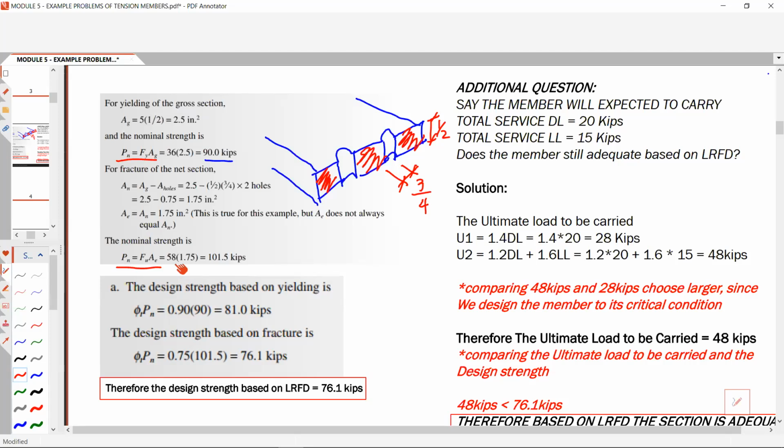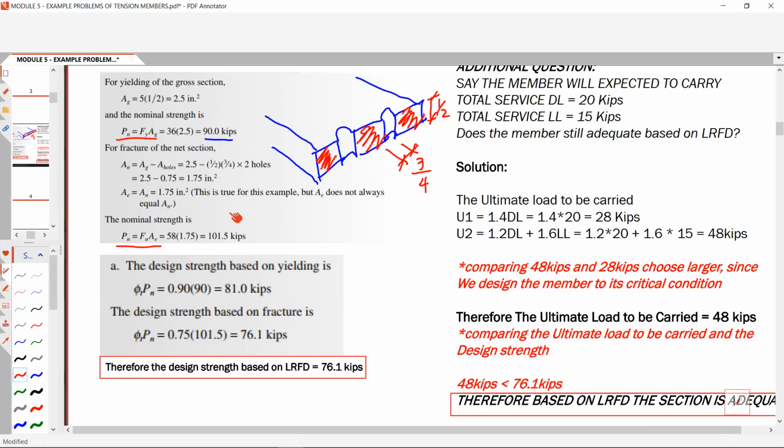Since this is only a nominal strength, we are using ultimate and design strength based on LRFD and ASD. If you recall, the phi factor for yielding in LRFD is 0.9, and the phi factor in LRFD for fracture is 0.75.